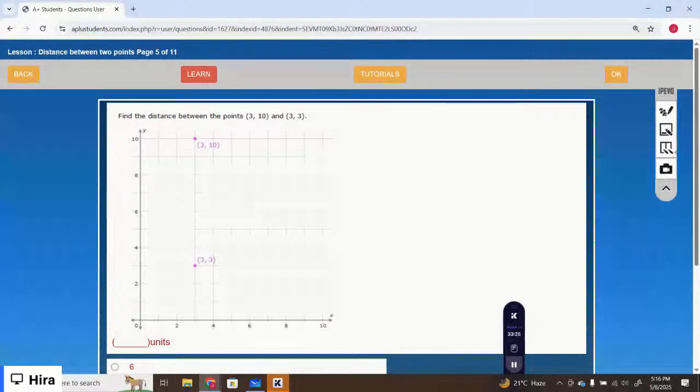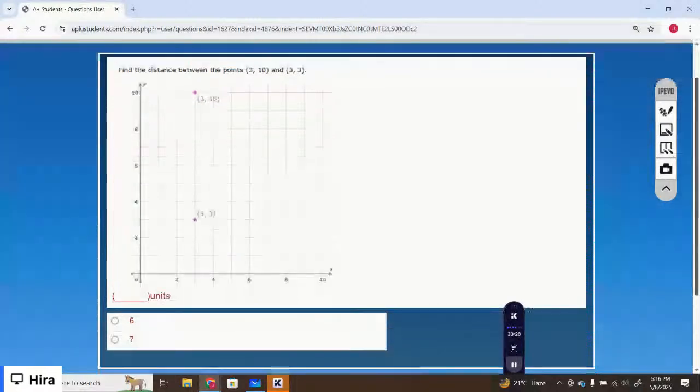Find the distance between the points 3, 3.